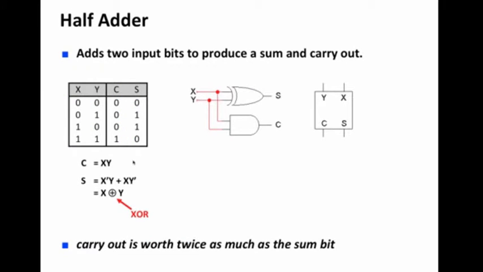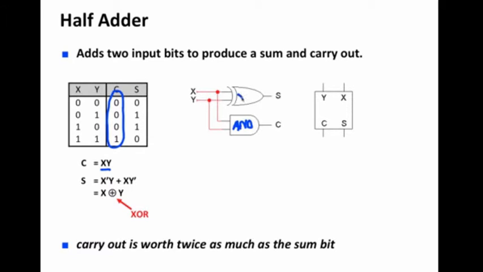So given this truth table, we can implement this with a relatively simple circuit. If we look at the carry out, it is only 1 when X and Y are both 1. And so we can implement that with the expression XY, or just an AND gate, to produce the carry out signal. The sum is a little more complicated, but it's something that we've already seen also, which is an XOR gate.